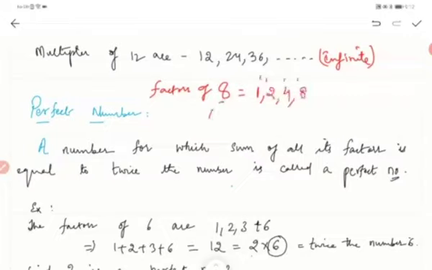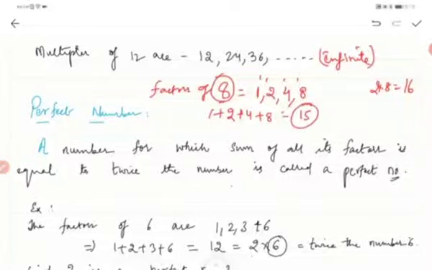If I add all these factors, 1 plus 2 plus 4 plus 8, I am going to get 15. But twice of 8, our number is 8, twice of 8 is how much? It is 16, but we are getting 15, so 8 is not a perfect number.